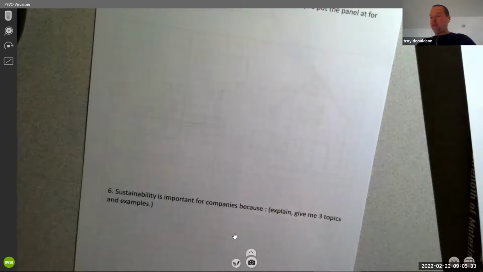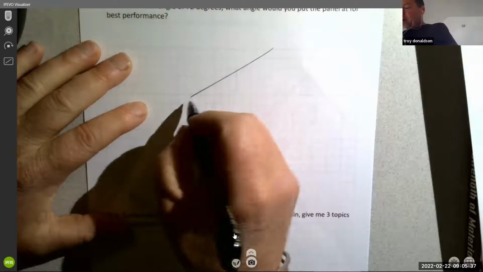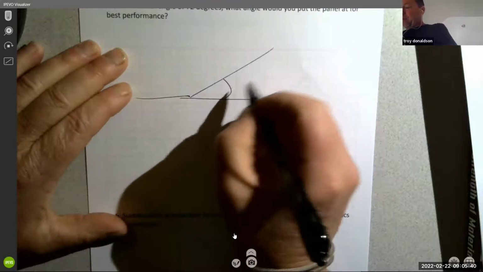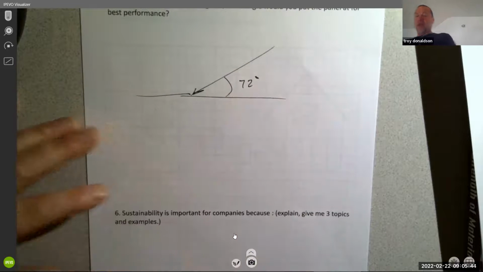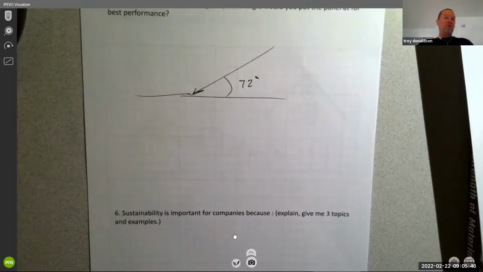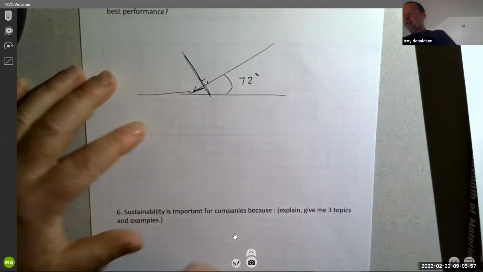All right, so given a solar angle of 72 degrees, again, not looking to make this any more complicated. 72 degrees solar angle, what angle would we put our panel at? We want our panel perpendicular to that 72. So if I draw a perpendicular, and I know that's 90, right?